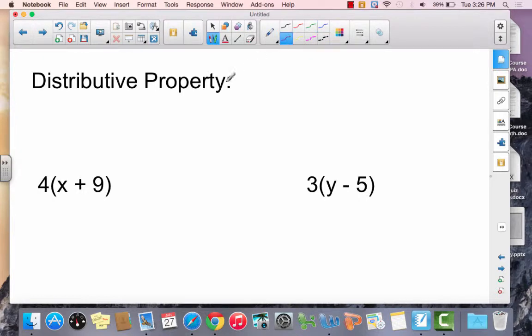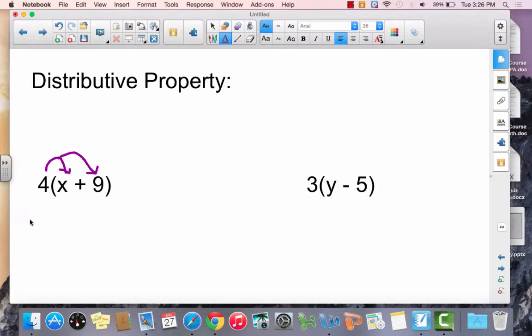In order to simplify an expression with parentheses, I take the number that's outside of the parentheses and I multiply it by both terms inside. So the expression 4 times the quantity x plus 9 would simplify to 4 times x, which is 4x, plus 4 times 9, which is 36.